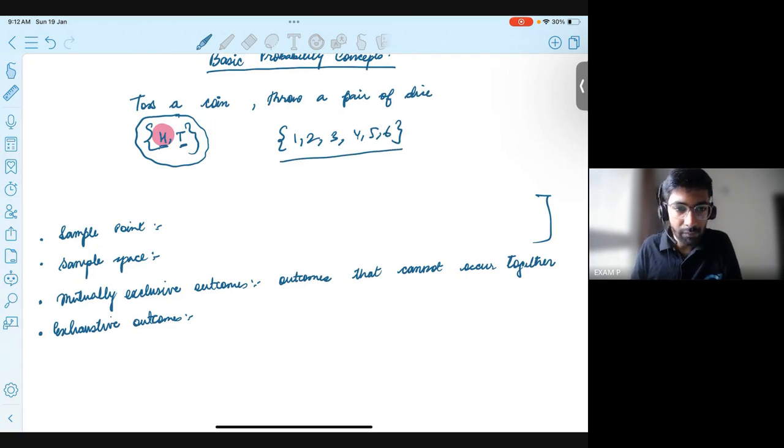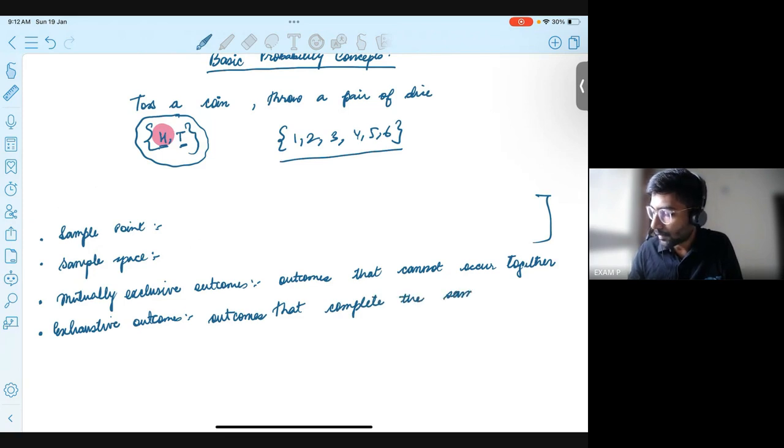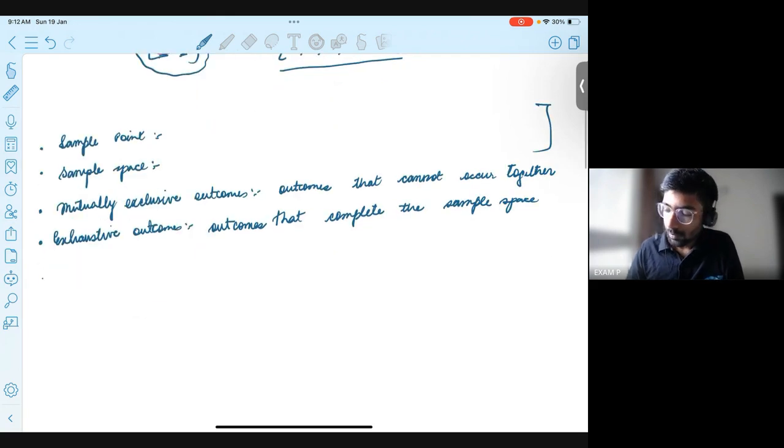So what are the exhaustive outcomes? Getting a 1, getting a 2, up to 6. These all 6 different outcomes make it exhaustive because that is the only thing that is possible, and these outcomes complete the sample space. Outcomes that complete the sample space are called exhaustive outcomes.